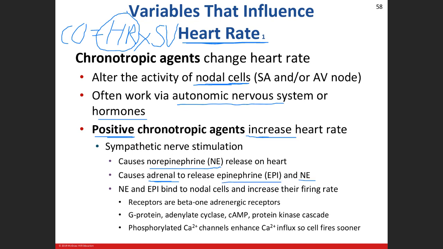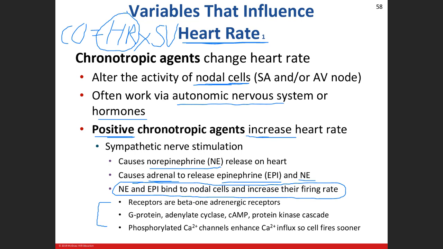So now you've got a lot of stuff getting poured onto these nodal cells. Point being, the norepinephrine and the epinephrine are going to interact with the nodal cells, and it's going to increase their firing rate. That's the overall picture that we're going to see here. We're going to increase the firing rate of the nodal cells.